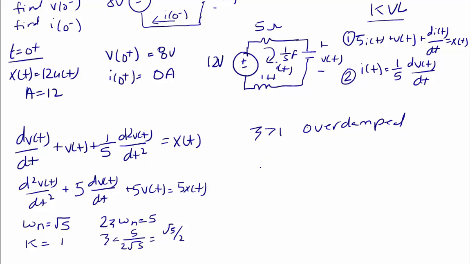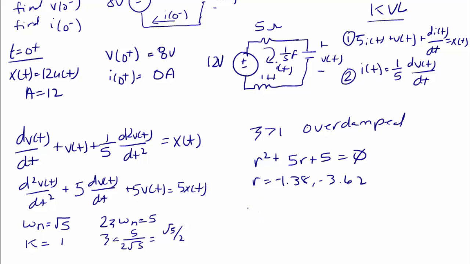Next, we solve the characteristic polynomial for the roots, and we have r squared plus 5r plus 5 equals 0. And the roots are r is equal to negative 1.38 and r is equal to negative 3.62. We have two real distinct roots, so once again that tells us this is an overdamped response.